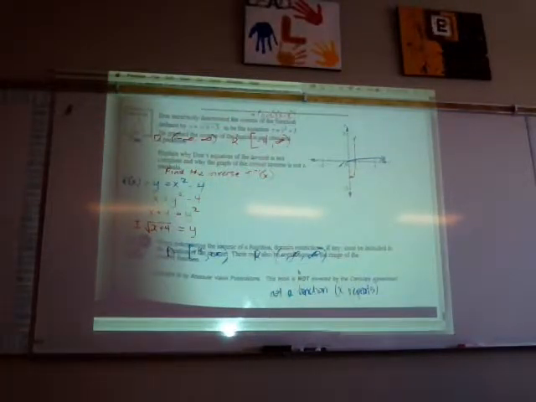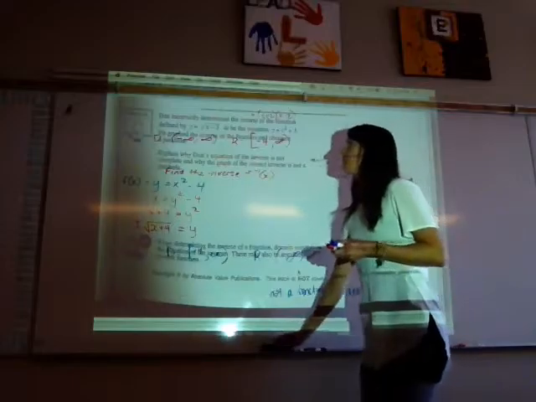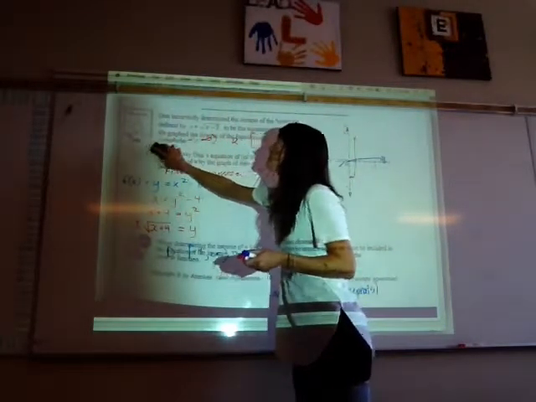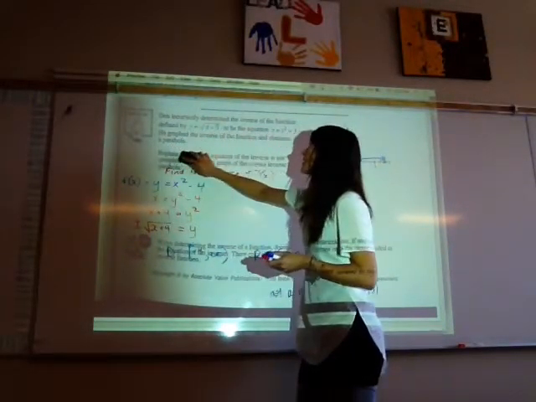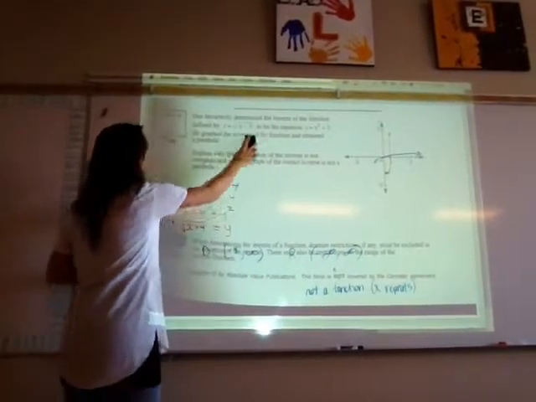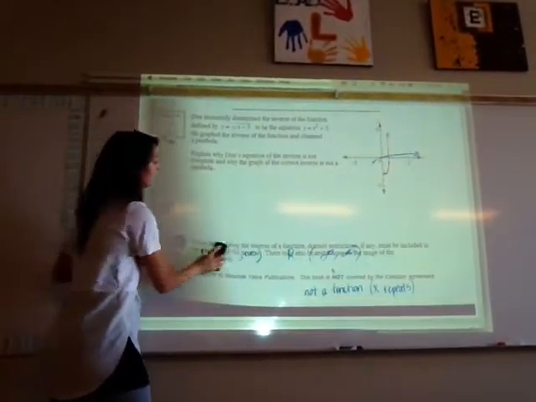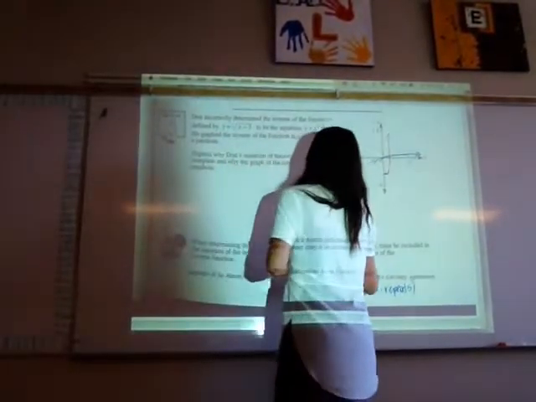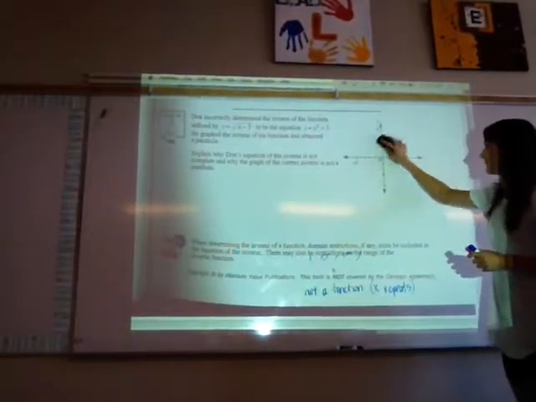So this next question is kind of similar. Don incorrectly determined the inverse of a function defined by y equals the square root of x minus 3 to be the equation y equals x squared plus 3.